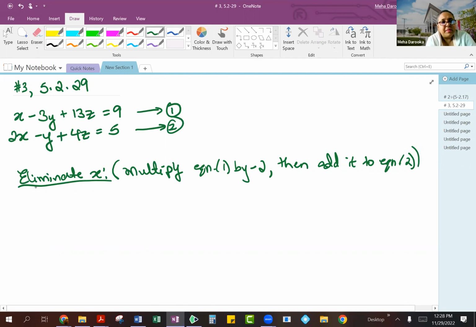Okay. So if we're multiplying the first equation by -2, what are we going to end up with when we rewrite that equation 1?